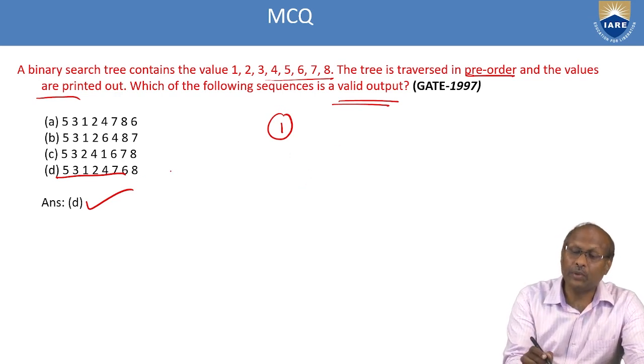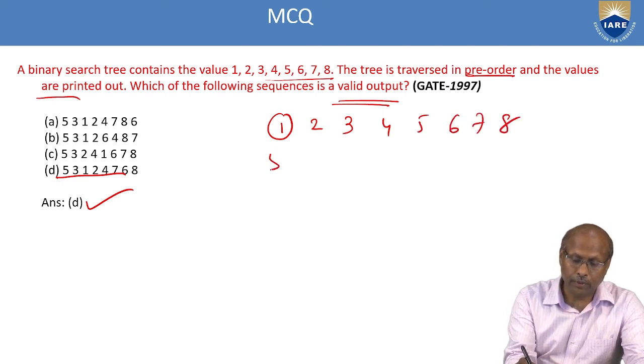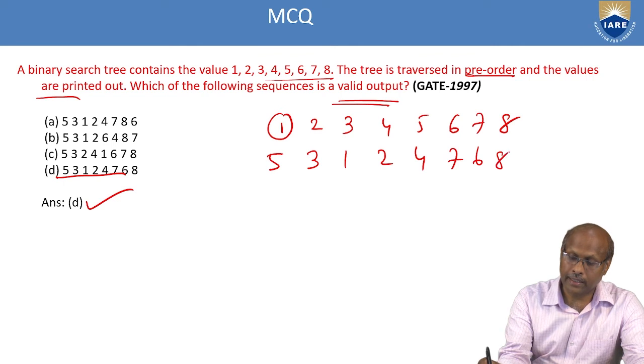Because by taking this you can construct a tree. My in-order is given as 1, 2, 3, 4, 5, 6, 7, 8. And the pre-order is given as 5, 3, 1, 2, 4, 7, 6, 8.